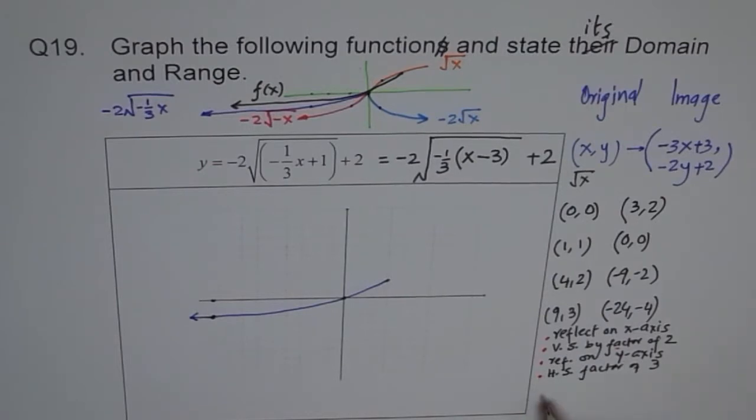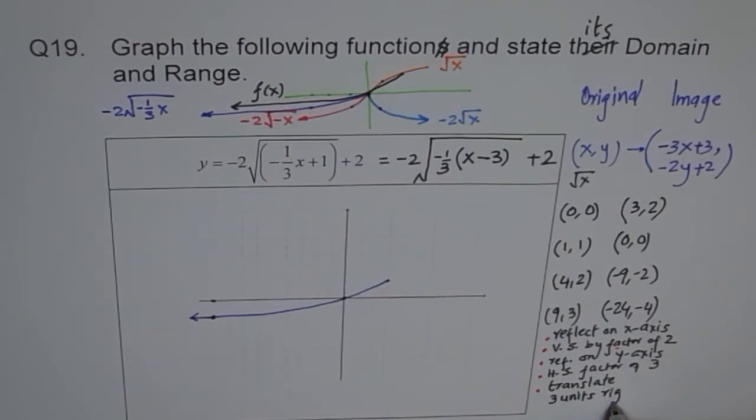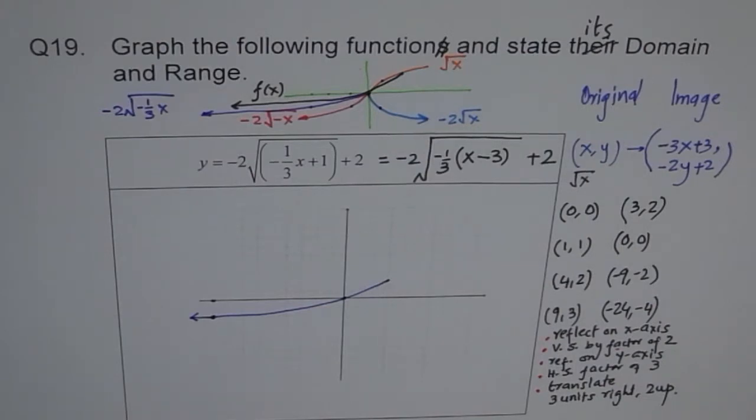And then last, we can combine both translations: translate 3 units to right and 2 units up. So these are the set of transformations, correct? So that actually completes this problem.